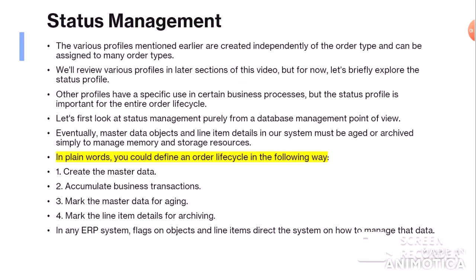So that is the status management. Master data objects and line item details in our system must be aged or archived. So first we create the master data, accumulate business transactions, mark the master data for aging, mark the line items for archiving.